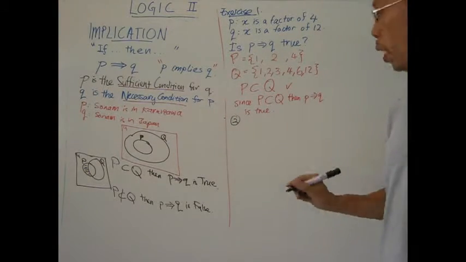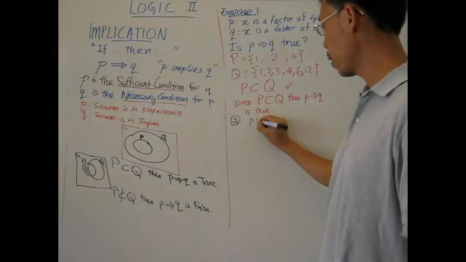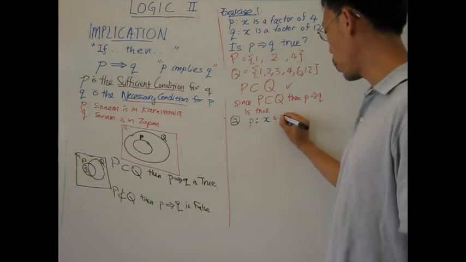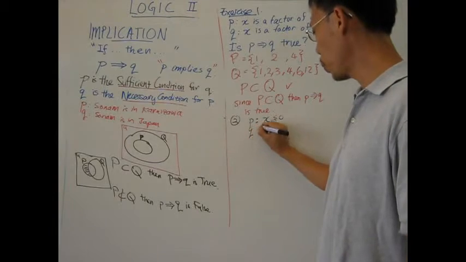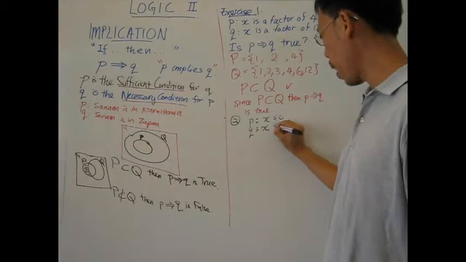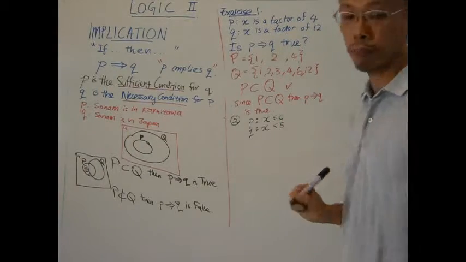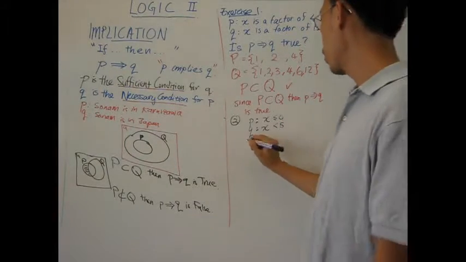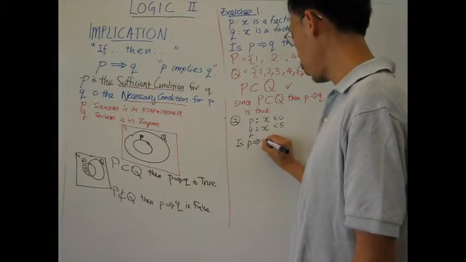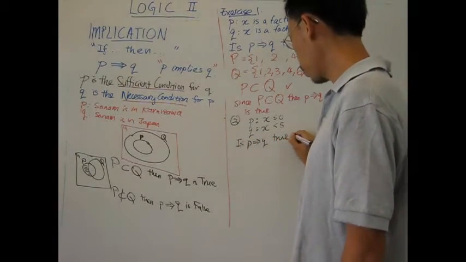In this particular one, P: x is less than or equal to 0. Q: x is less than 5. Is P implies Q true?